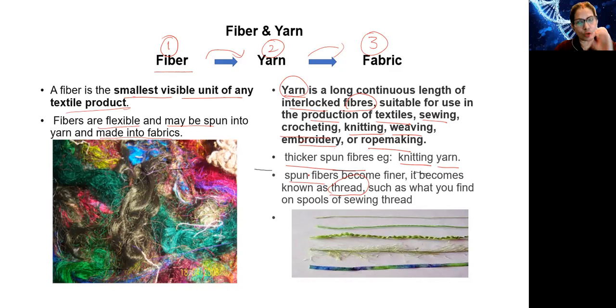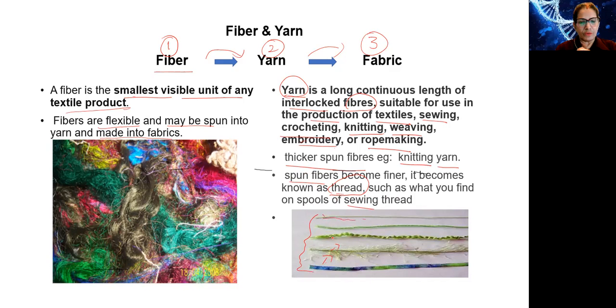So thread is also fiber, and knitting wool or the knitting yarn is also made of fibers, but the knitting yarn is thick and thickly spun, whereas the thin spun fibers are known as threads. So sewing thread. If you see here, these are all various types of yarn. So these have the fibers in it.